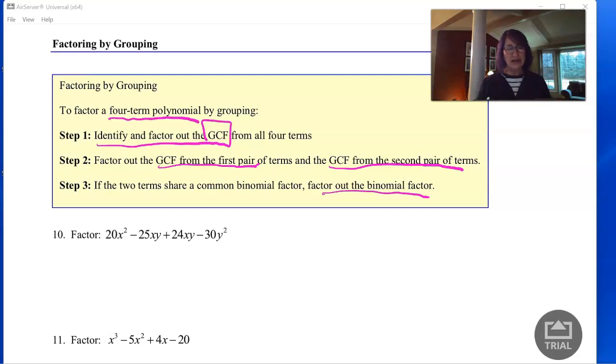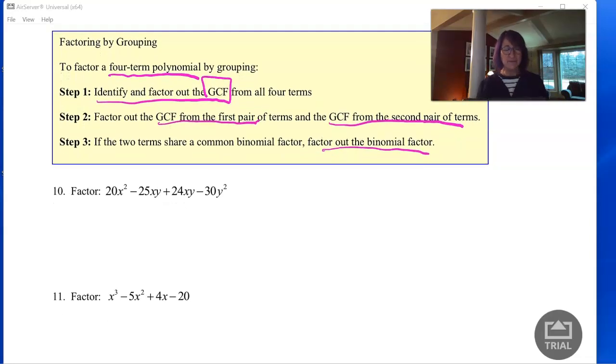All right, so let's look at this first example. So I see that I have 1, 2, 3, 4 terms. So I am going to put parentheses around the first 2 and the second 2 terms. So now I'm going to just focus on this first pair, and I'm going to take out my GCF. So I'm going to take out a 5x.